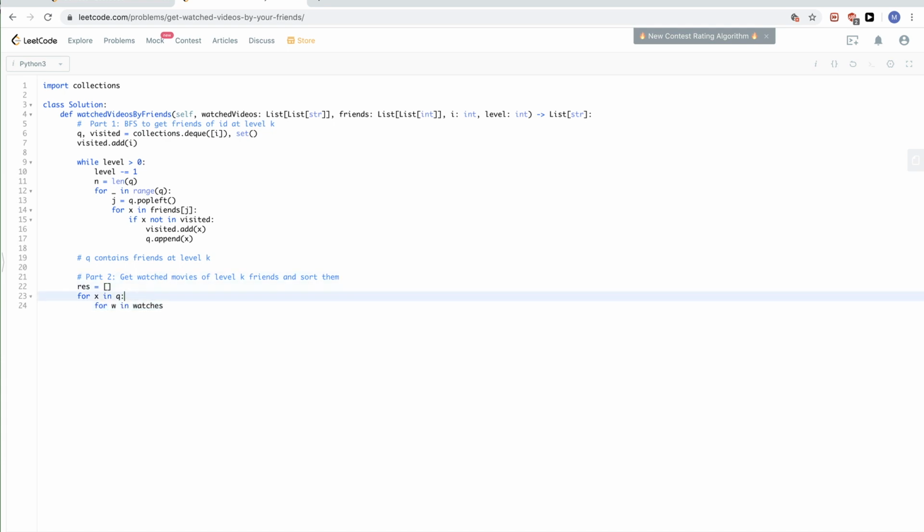So we'll need to have a frequency thing that counts how many times a video has been watched. So let's use this here so that the value can default to 0. And here we would have watched videos of that specific friend, and then we would check if we haven't yet added it to the result. We don't want duplicates, remember?